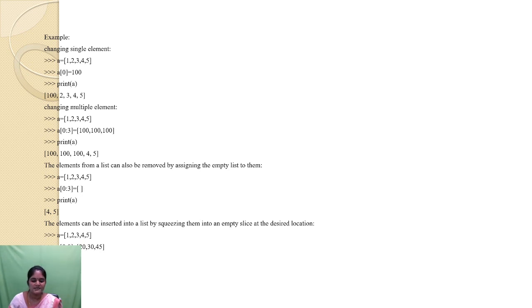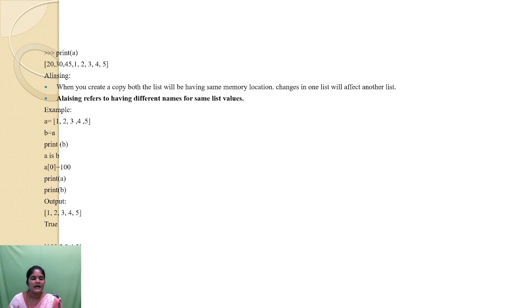For the empty slice a of 0 colon 0, you give the values 20, 30 and 45. In the 0th index, these 20, 30 and 45 replace at that particular location. The answer will produce 20, 30, 45, 1, 2, 3, 4, 5.